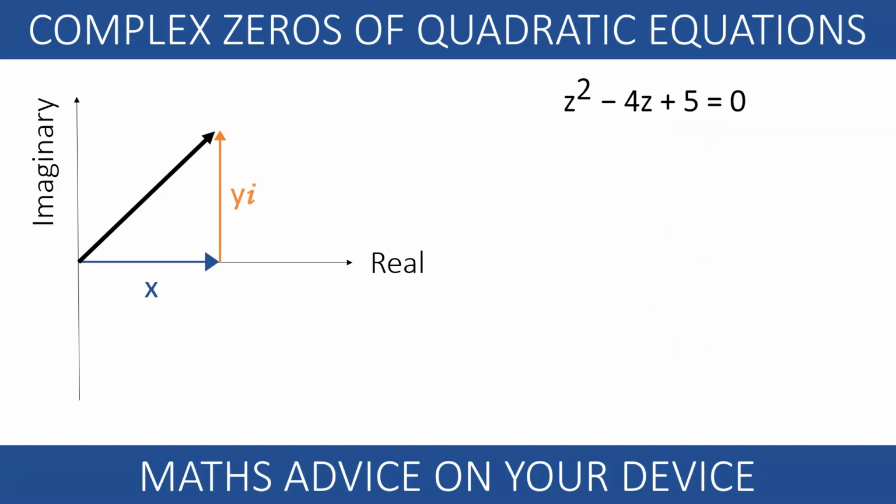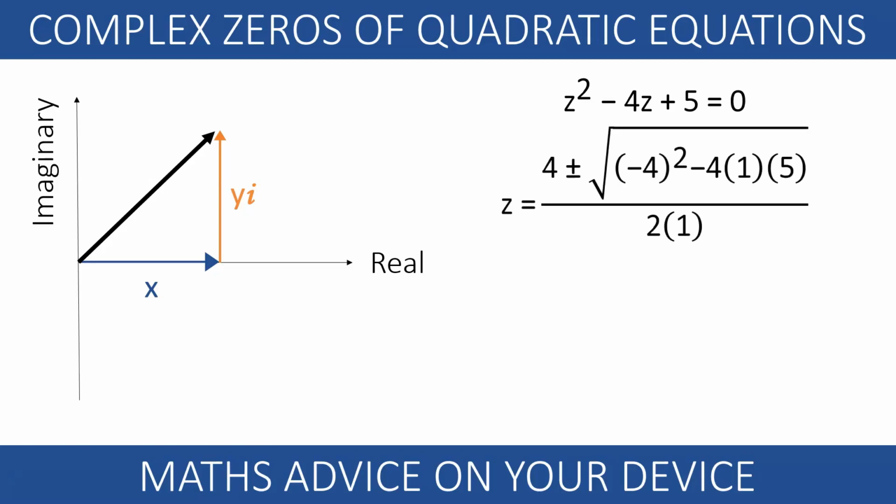In this second example, we are solving a quadratic with both linear and constant term. We use the quadratic formula with a equals 1, b equals negative 4, and c equals 5. Substituting these values carefully, the discriminant inside the square root, b squared minus 4ac, is negative 4.